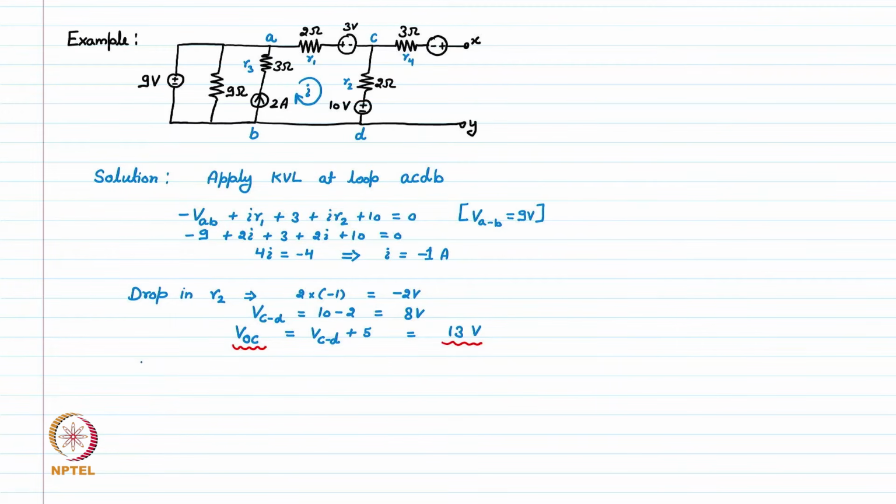Now let's find out the RTH. RTH is nothing but the 3 ohm in series with 2 and 2 resistance, 2 plus 2, that comes out.